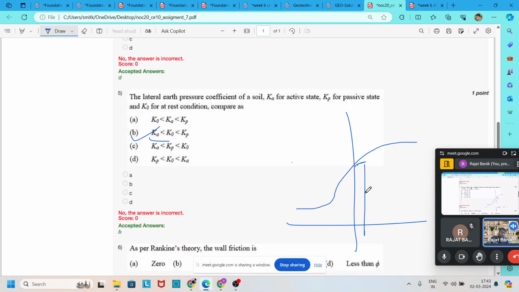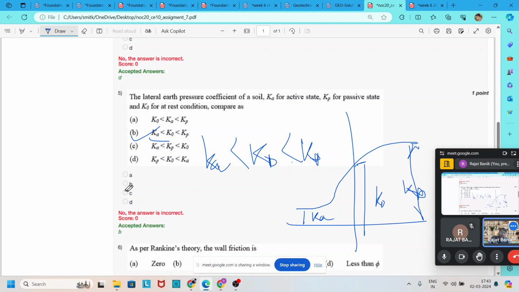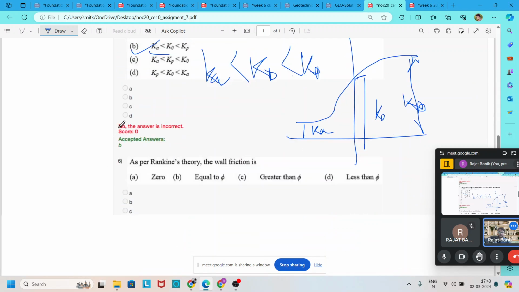This is K naught, up to this is K naught, this is Ka, and this distance from here to here is Kp. So you see Ka is less than K naught, is less than Kp. So the correct option is option B.